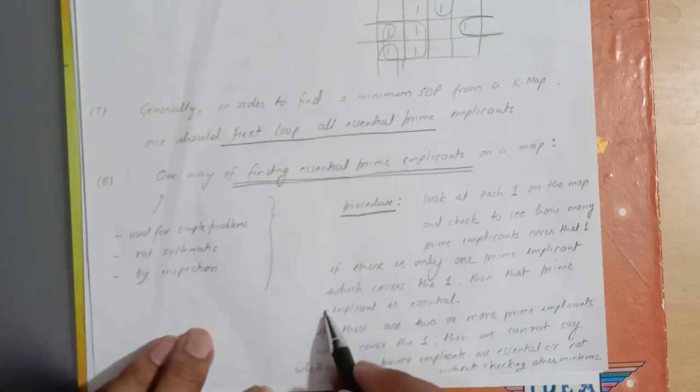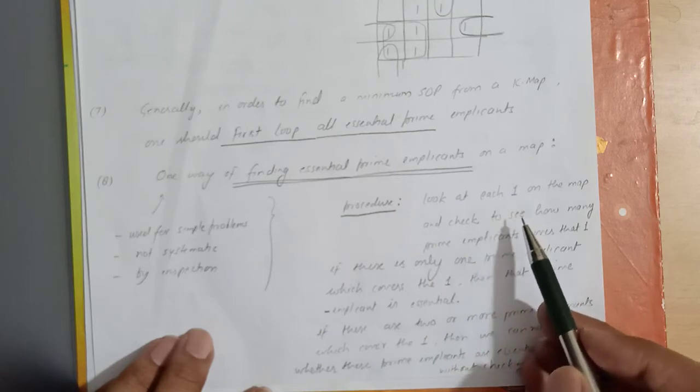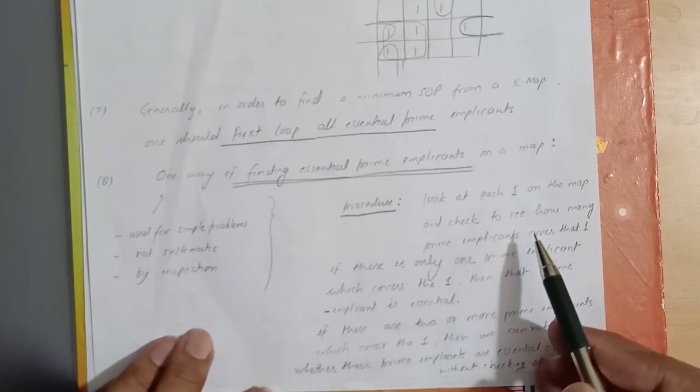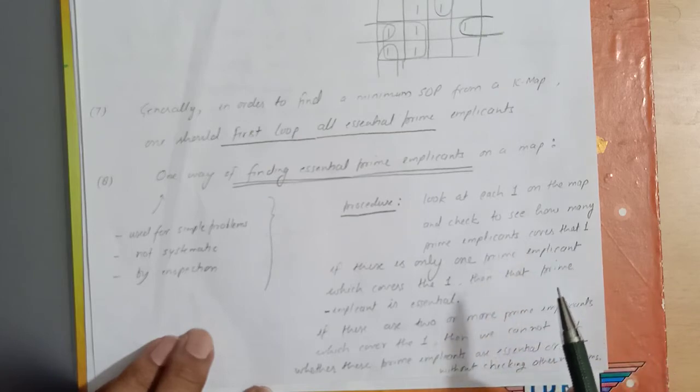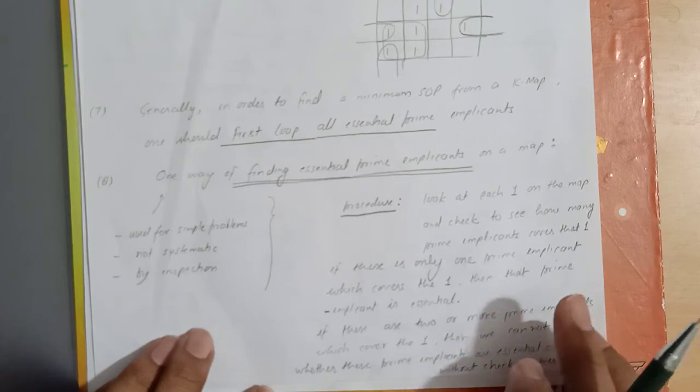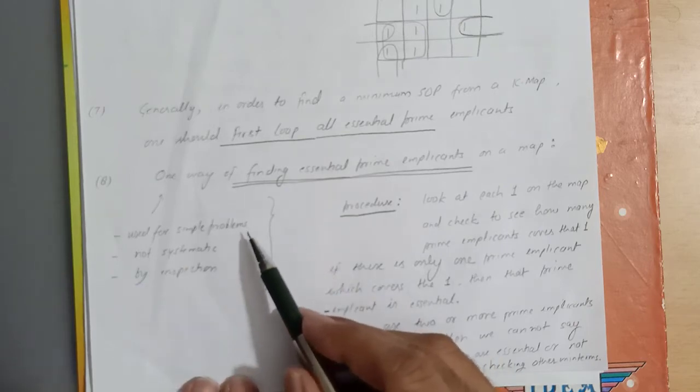Do remember also, if a minterm is covered by only one prime implicant, then that prime implicant is said to be essential. If a minterm is covered by two or more prime implicants, then we cannot say whether these are essential or not without checking other ones. So this procedure is basically used for simple problems.